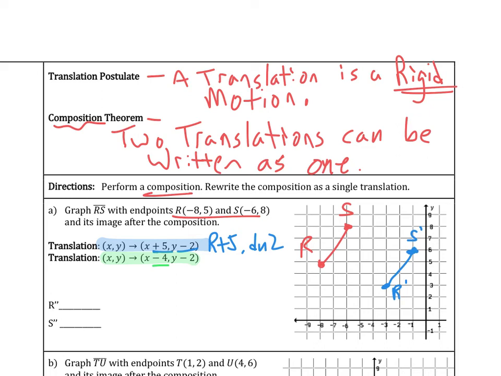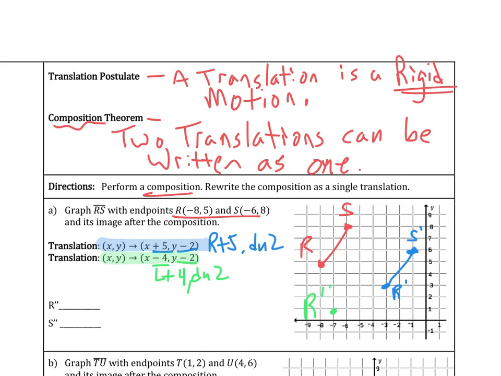So this is going left 4. And then the -2 is going down 2 more. Okay? And so from here, we're going to go left 4, 1, 2, 3, 4, and down 2. There it is right there.